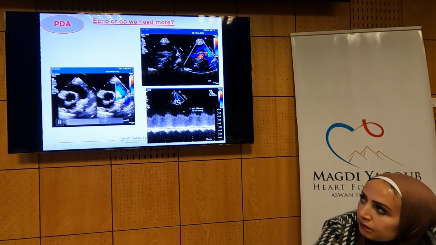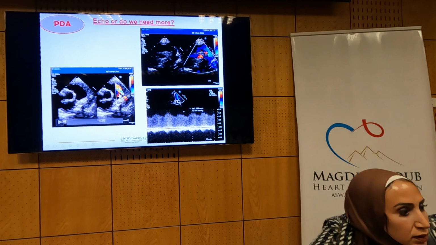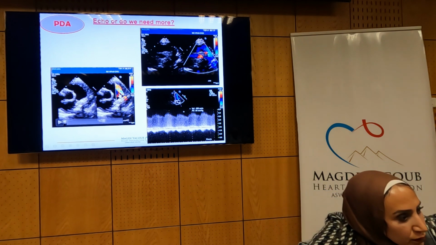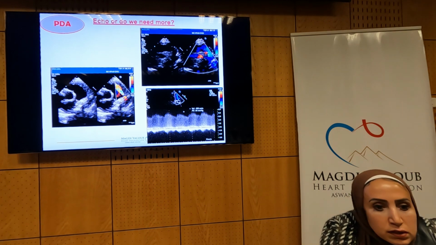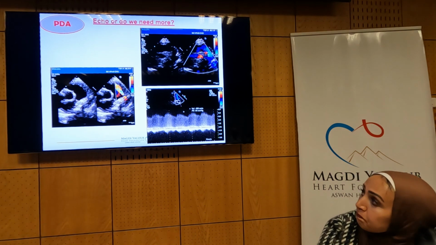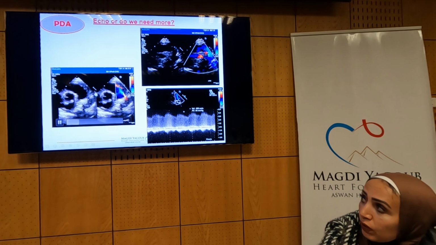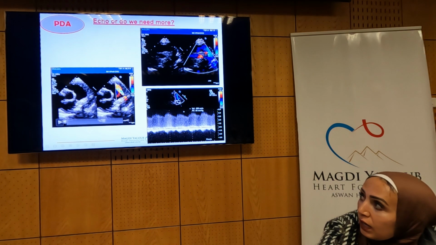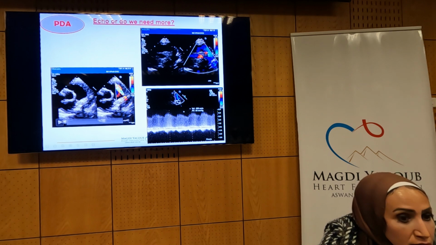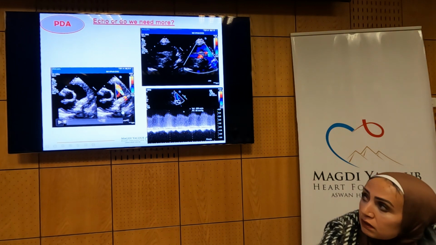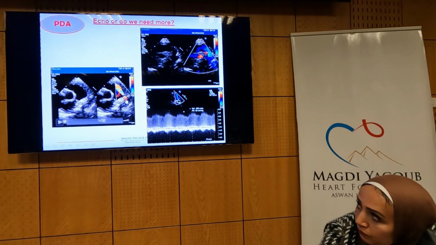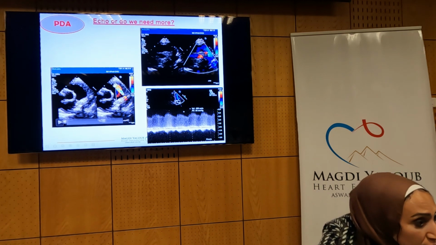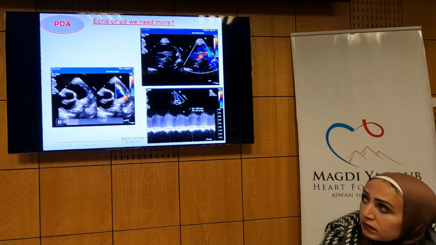So we can explain the blue color that is going away from the probe, going away to the lung, so it should be coded in the blue, I'm sorry. And for this flow that's coming, the red one, it means that the blood is going from down to inside the pulmonary, and this is the duct.